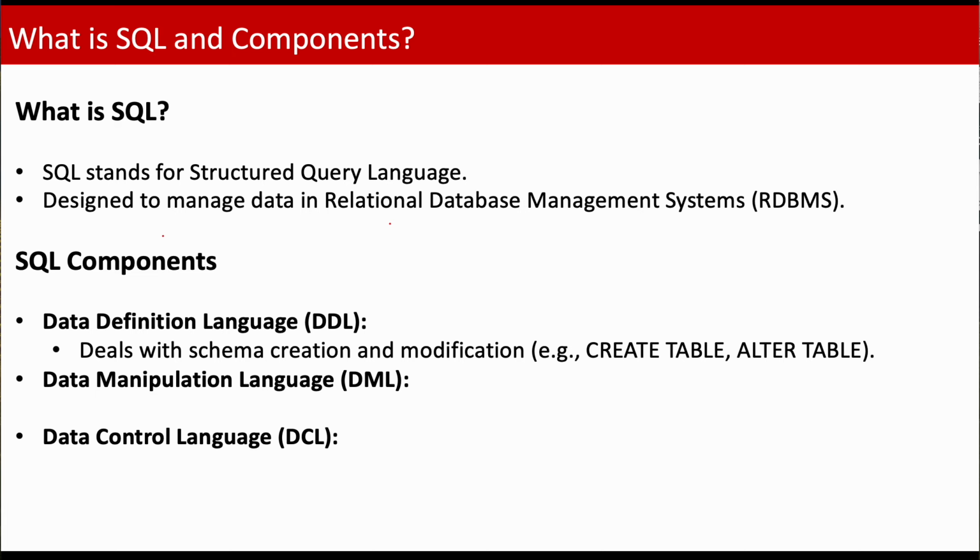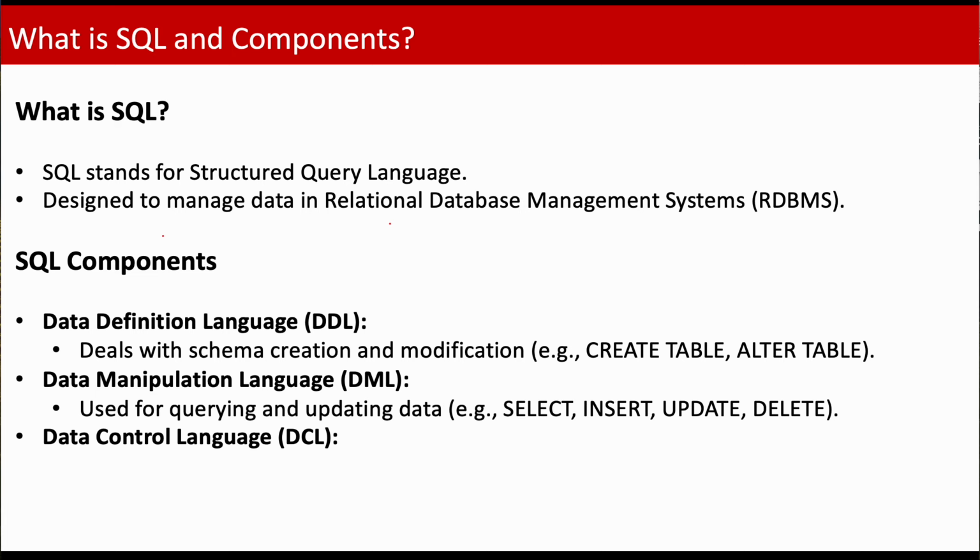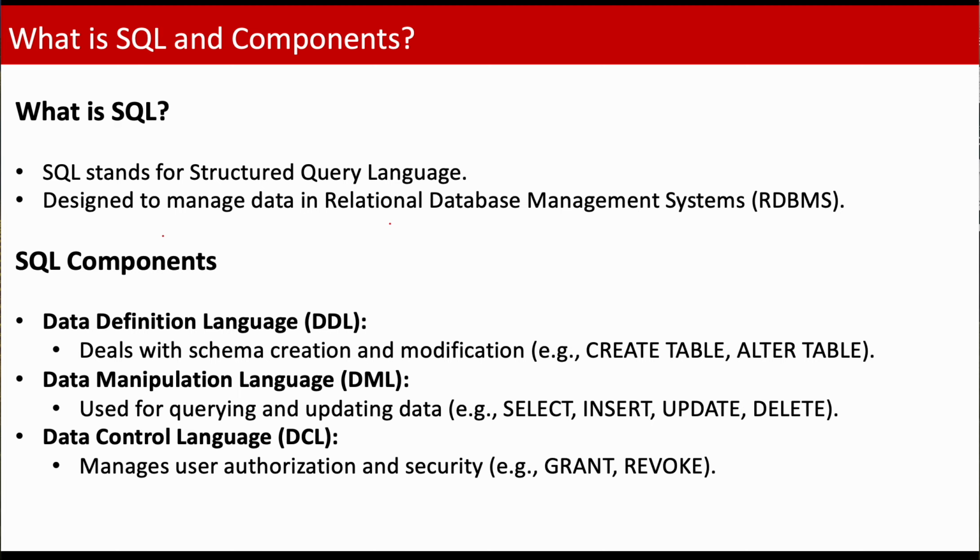Data manipulation language is mainly related to querying the existing table or modifying the data within the table. Generally we use select, insert, update, delete. These are the commands we use to do data manipulation within the table. Data control language is mainly the administrative part.